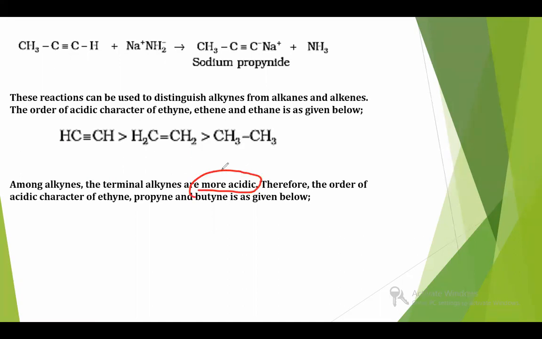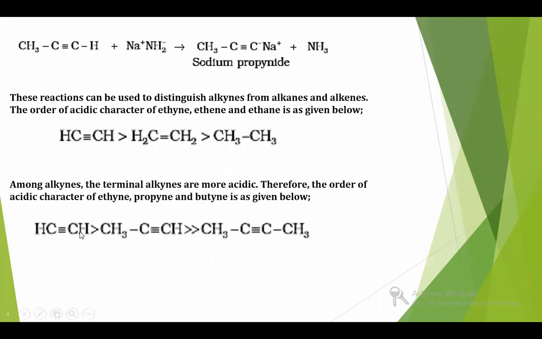Therefore, the acidic character of ethyne is greater than propyne and butyne. So the order is ethyne greater than 3-carbon, greater than 4-carbon. Okay, so this is acidic character in alkynes.